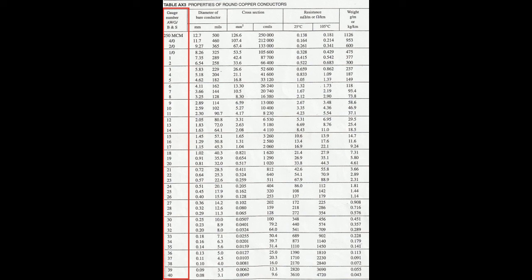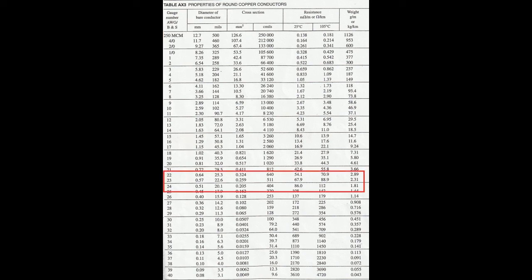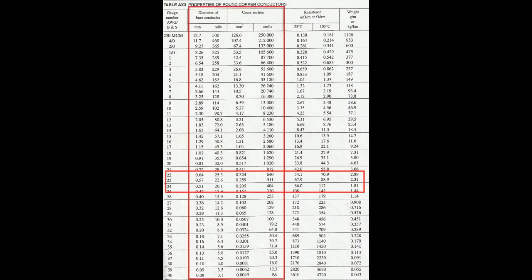If we take an example of the wires that we use to build our little circuits with our breadboard, they're typically a 22 to 24 gauge wire. They have certain size specifications. You can look at the diameter of the bare conductor. Since we are working with the metric system, we'll look at it in millimeters.